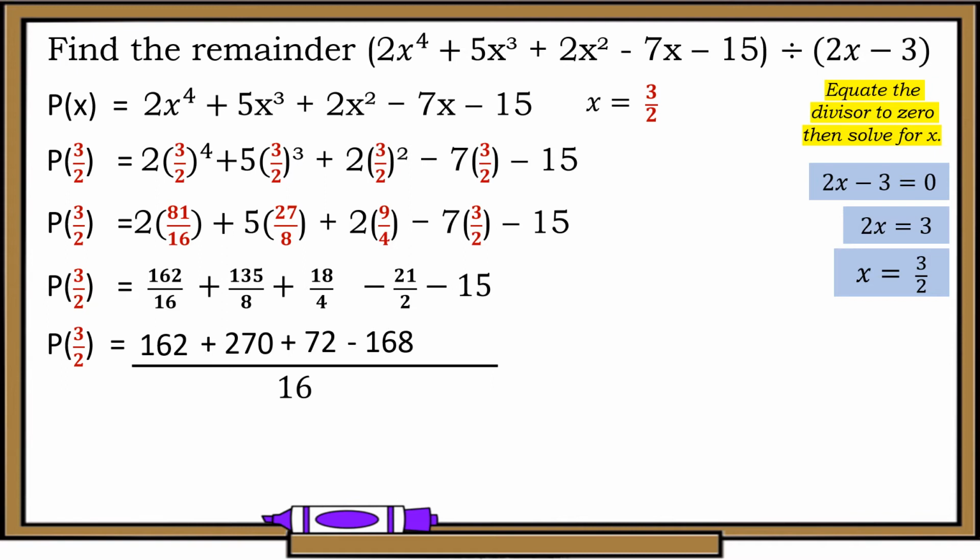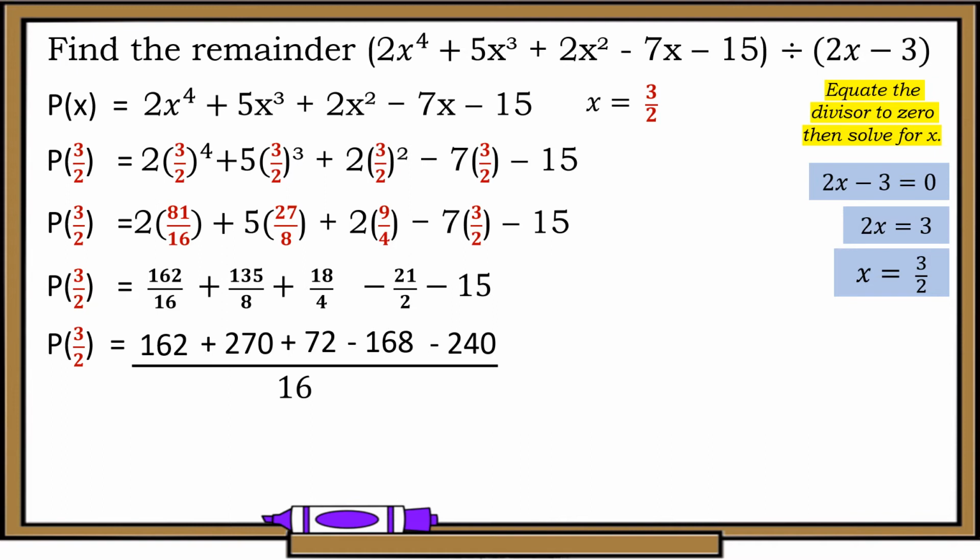Dito tayo sa 15. 15 is a whole number. Ang denominator niya, ulitin ko, ay 1. Kaya 16 divided by 1 is 16. 16 times 15 is 240. So, minus 15 or minus 240.